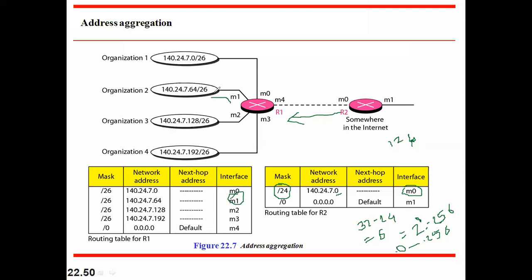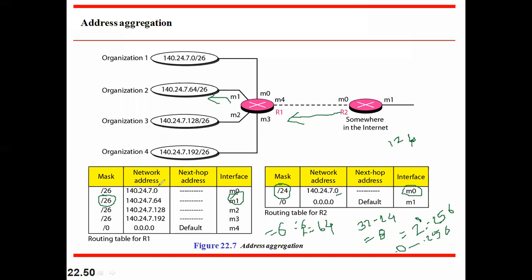Why M1? How is M1 chosen? Simple. We have already seen the use of the mask value. Here the mask value is 26. So 32 minus 26 is 6, and 2 raised to 6 is 64. What does it mean? For each interface there are 64 addresses.